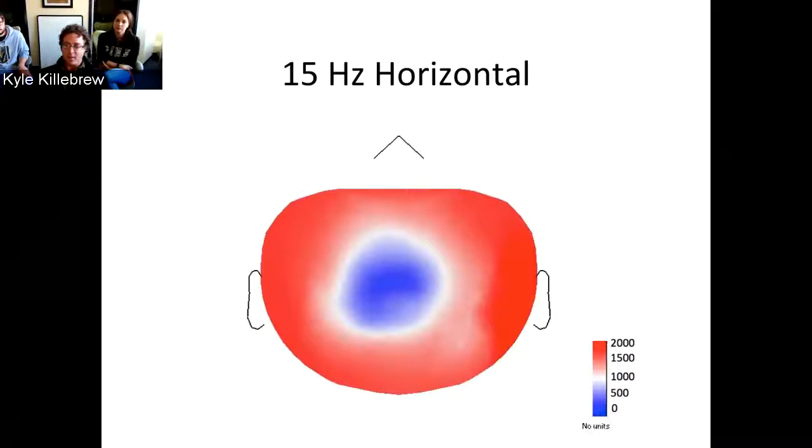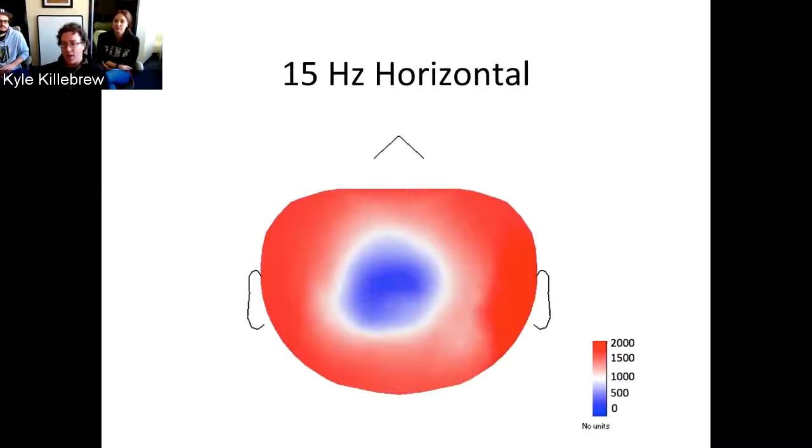In this preliminary version, the reference of the array is the top of the head, so you would expect smaller signals for the electrodes that are close to that reference. Typically, we would re-reference to the average, and you'd see a more modeled pattern.